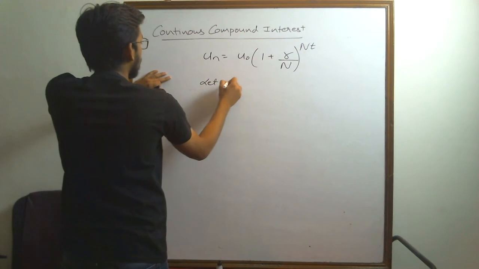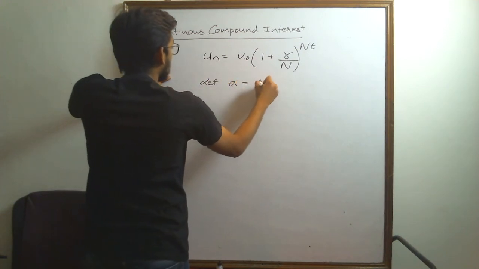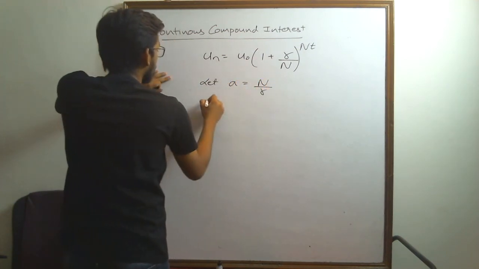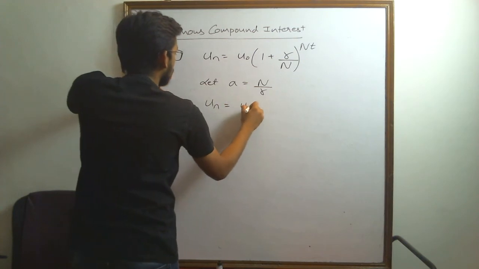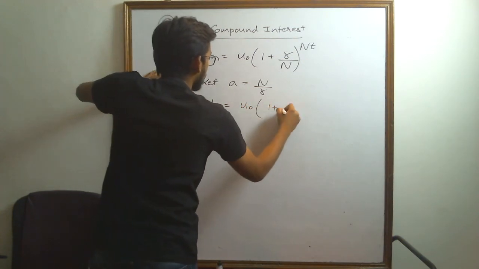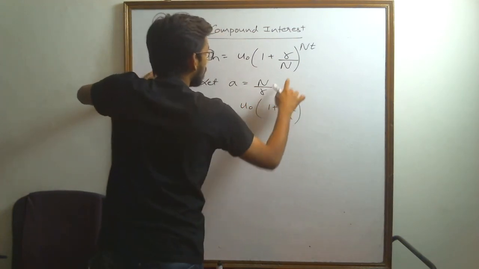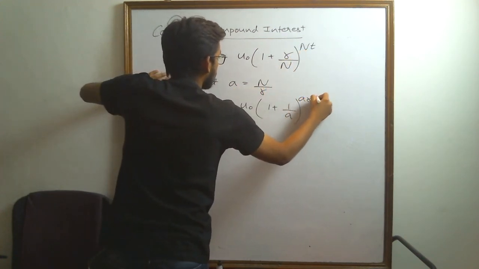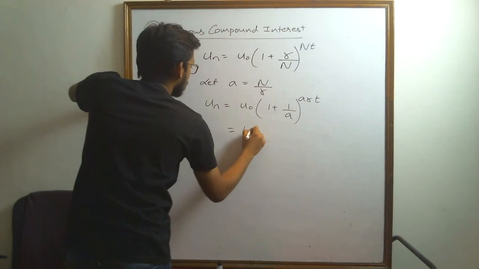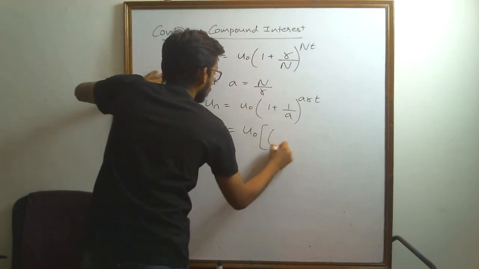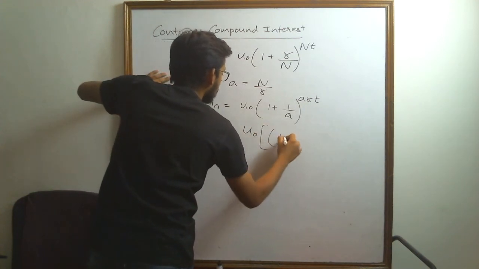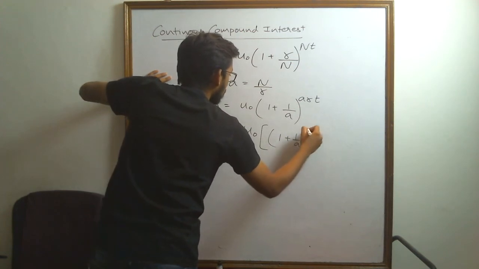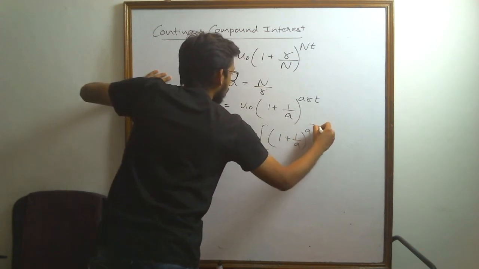Let a be equal to capital N upon R, then Un is equal to U naught into 1 plus 1 upon a whole to the power, capital N can be written as aR, so aRt. This can be written as U naught into 1 plus 1 upon a whole to the power a, whole to the power Rt.